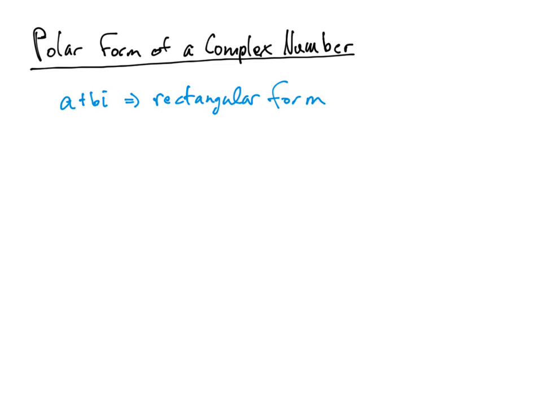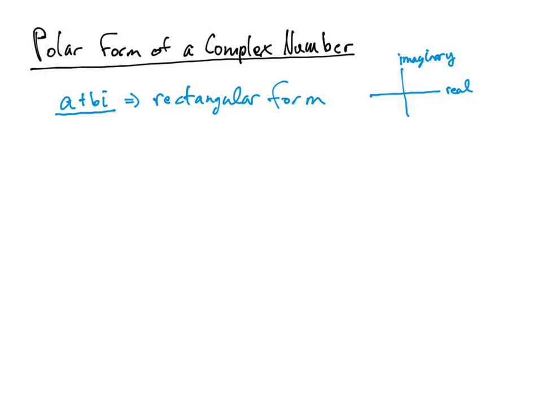When we saw this written in rectangular form, we could plot this point on the complex plane, where we had real numbers along the horizontal axis and the imaginary part along the vertical axis. Now what we want to do is write this in polar form.